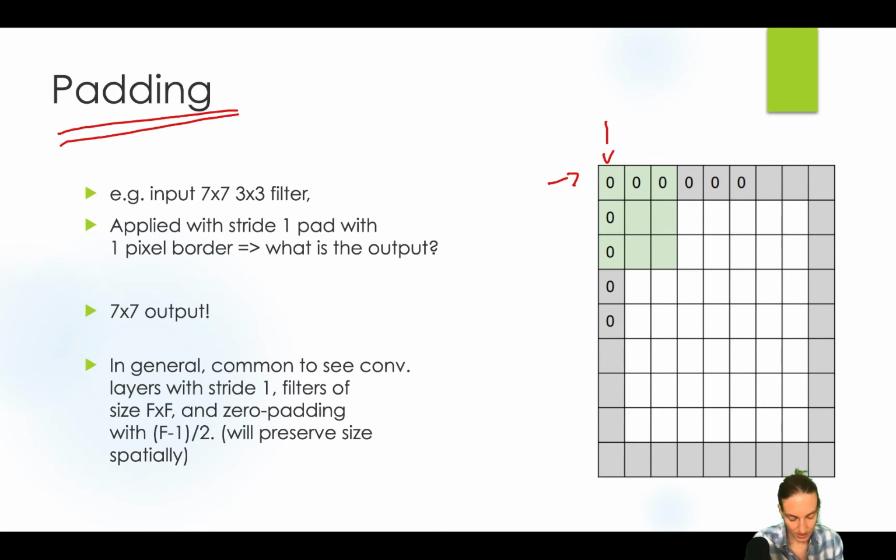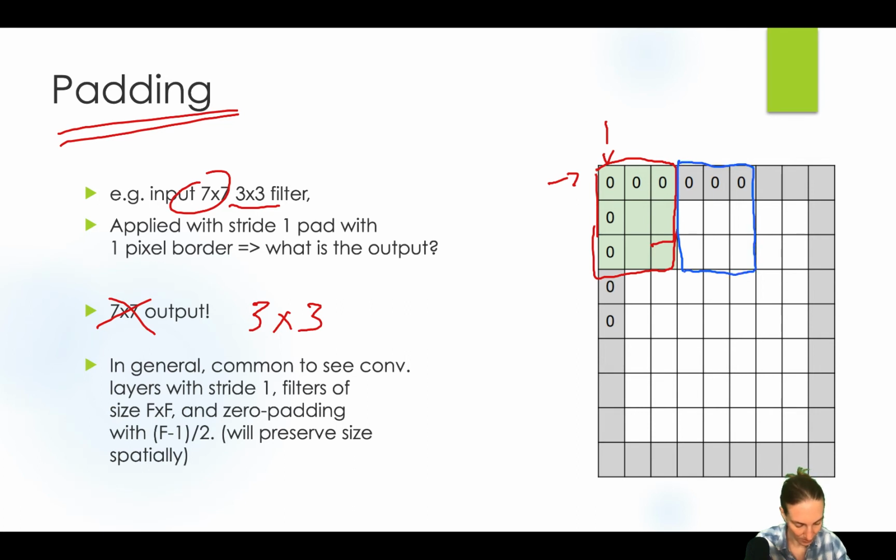In this case, we have a 1 pixel border, and if we apply a 3x3 filter to the 7x7 input, we will have a 3x3 output. Because we can do a filter here. First one, the second one shifted by 3 here, and then the third one shifted by 3 again, like this. So we have 3 windows per row. Okay. So output is 3x3.